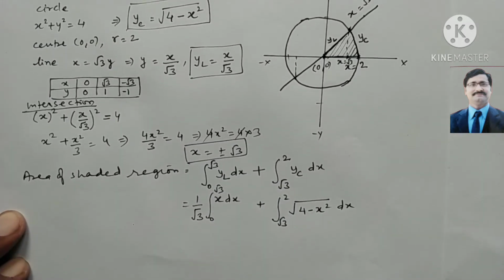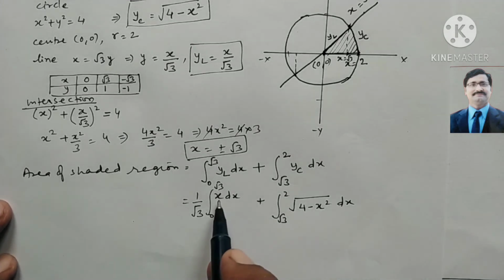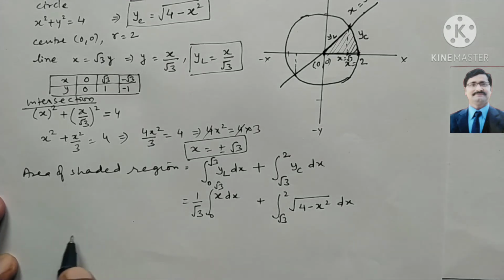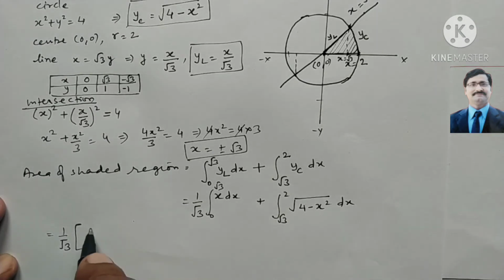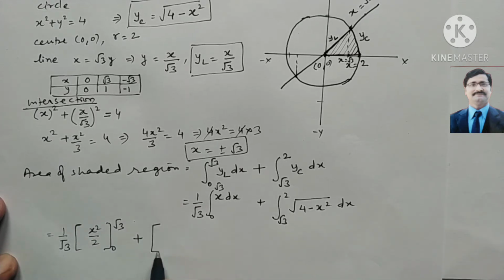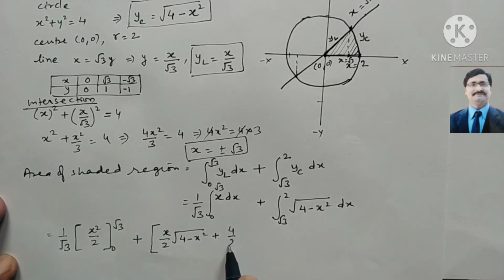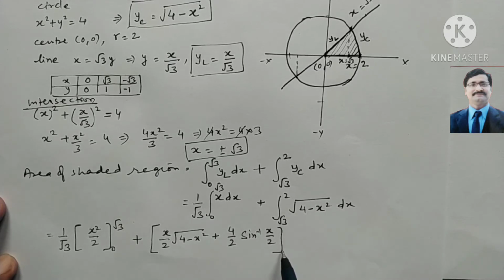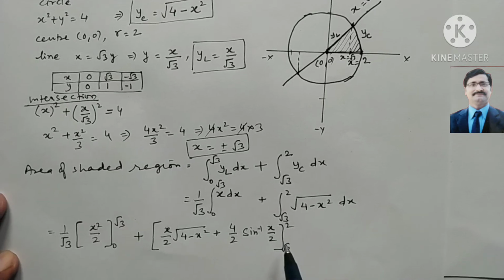Okay, now this x integral we can do here. This 1/√3 is as it is, as the integral of x is x²/2, and here the limit is 0 to √3. Then plus we have this integral to do. This is (x/2)√(4 - x²) + (a²/2) sin⁻¹(x/a), meaning (4/2) sin⁻¹(x/2), and here the limit is √3 to 2.